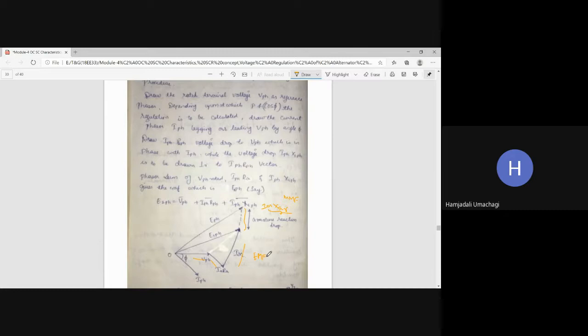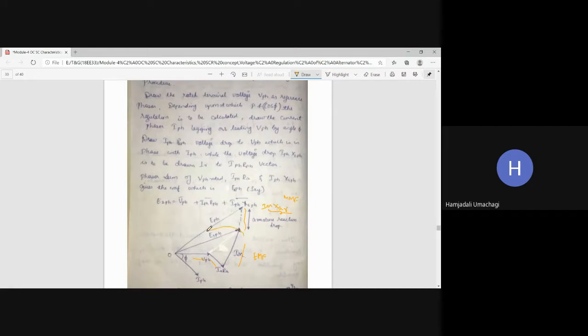So here we have separated the drops. VPH is the terminal voltage anyhow. The IARA drop and IXL drop we are treating as EMF quantities, and the vector sum of VPH, IARA and IA into XL is nothing but E1PH.